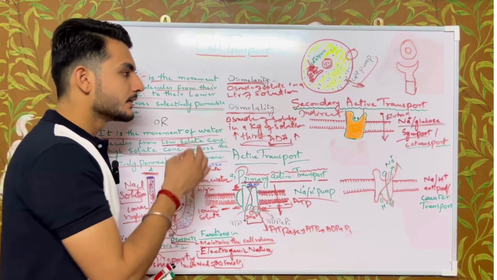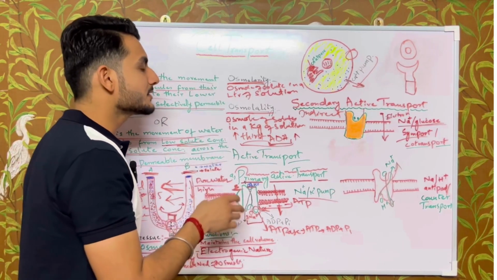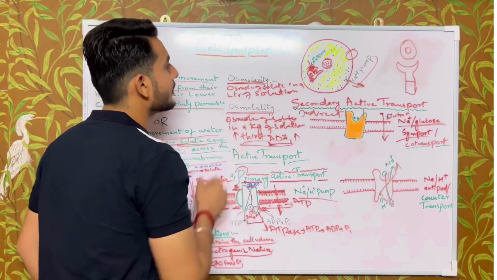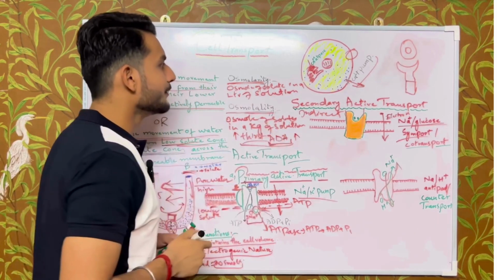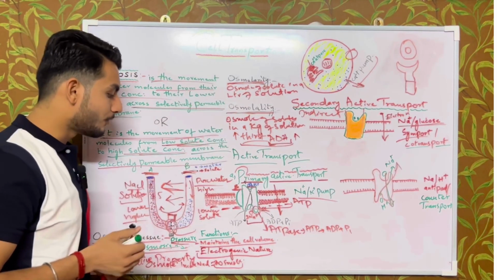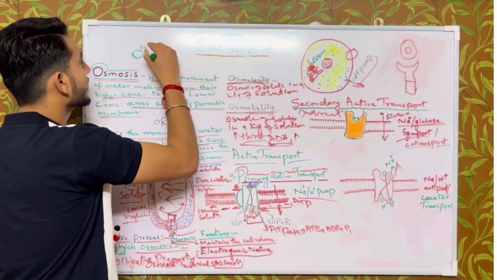So we express the number of solutes or the concentration of solutes in a solution in terms of osmolarity and osmolality. Before understanding these two concepts, we must go through what osmol actually is. We have got another concept known as osmol.